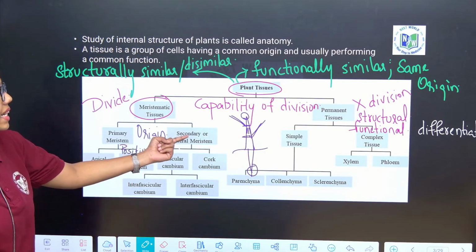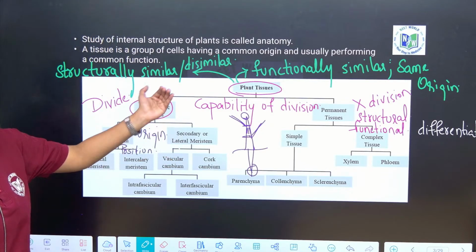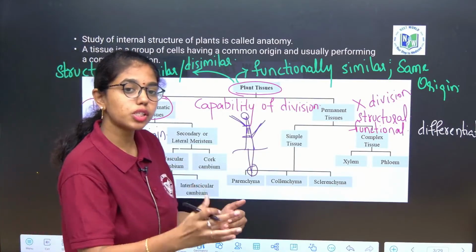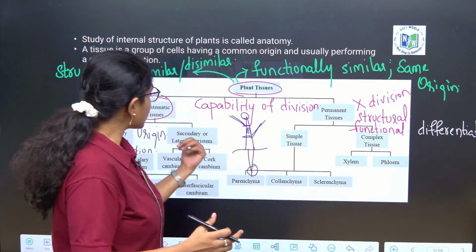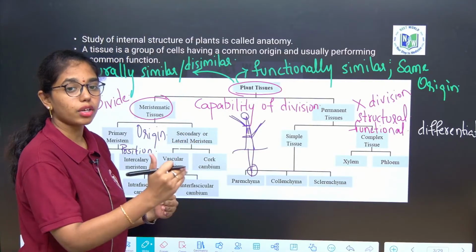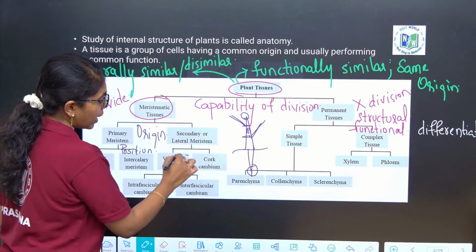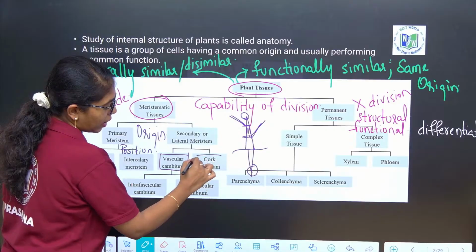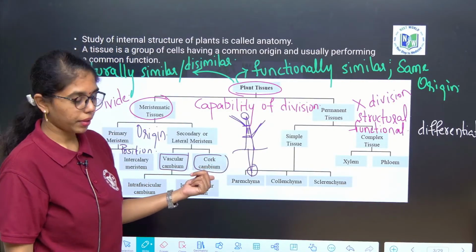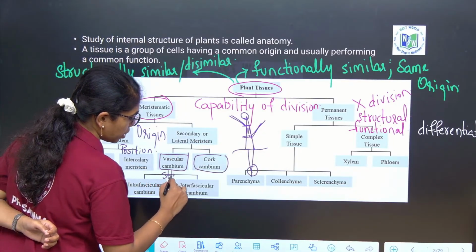And what are secondary or lateral meristems? Those which originate in the later part of plant life. Once the plant has finished its primary growth, secondary or lateral meristems appear in the later part of plant life. There are two types: vascular cambium and cork cambium. Vascular cambium is present in the stele region.